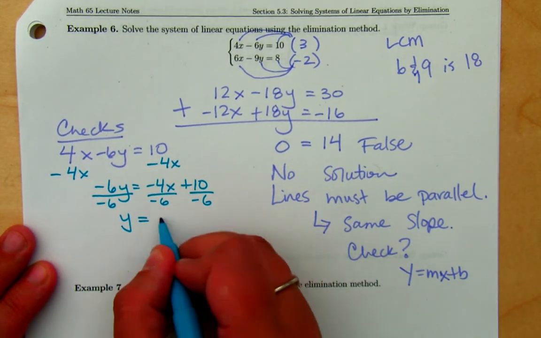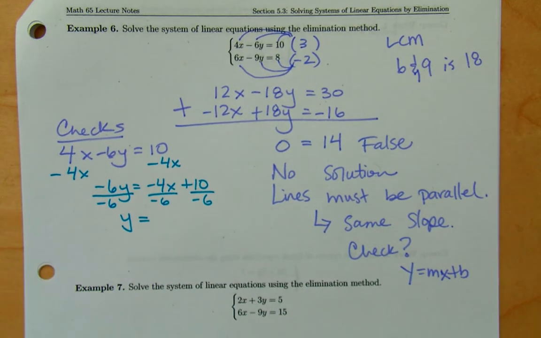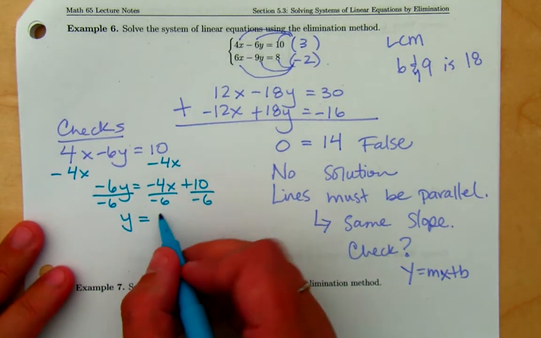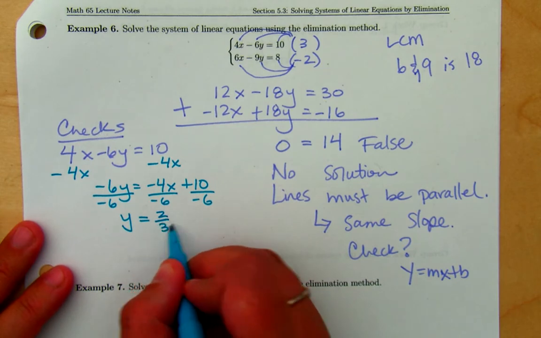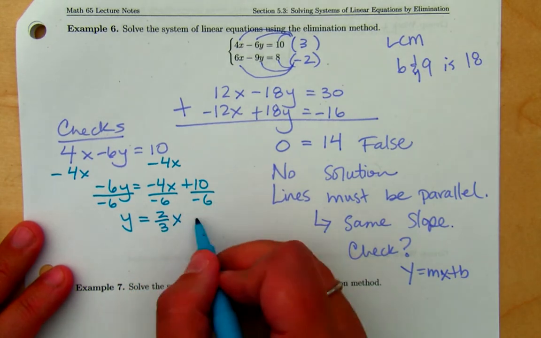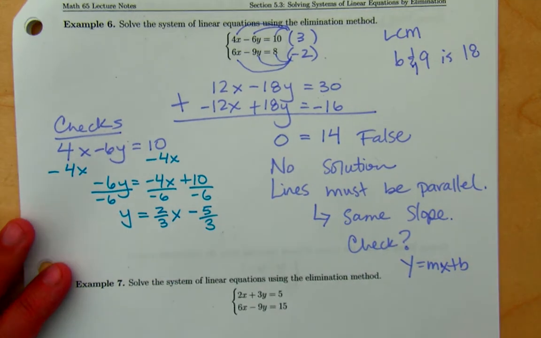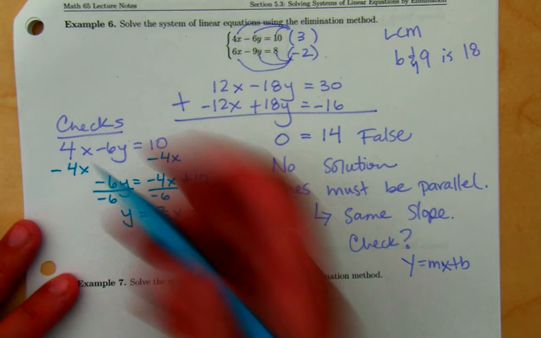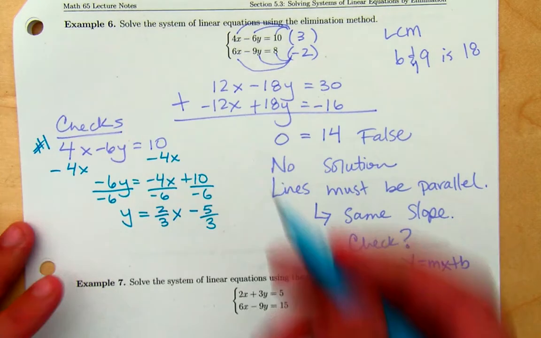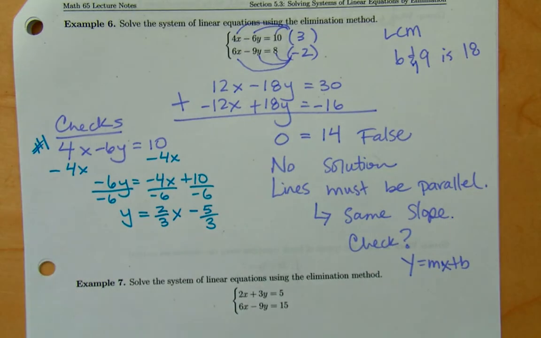Y equals, how would you reduce that? -4, 6, or negative divided by negative is a positive, 2/3 x, and then what should we reduce that one down to? -5/3? Just reduce, right? Okay, that's for number 1. We need to do that for number 2.